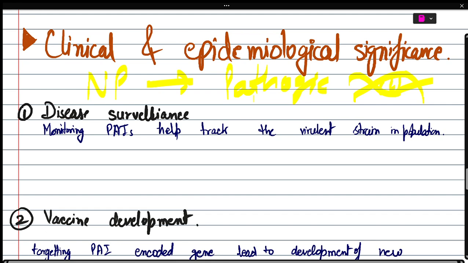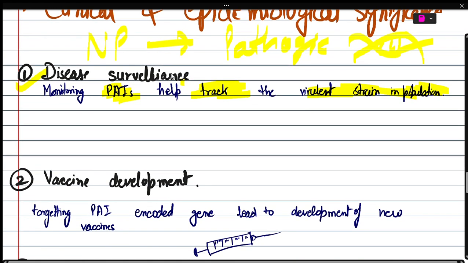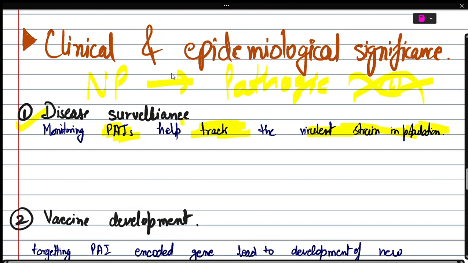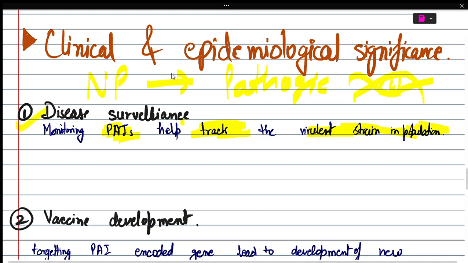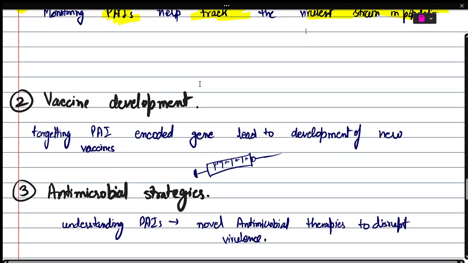First is disease surveillance. If one can monitor the PAIs, this can help track the virulent strain in the population. PAIs being special genes, if one is able to track them, it will help track the virulent strain in the population.